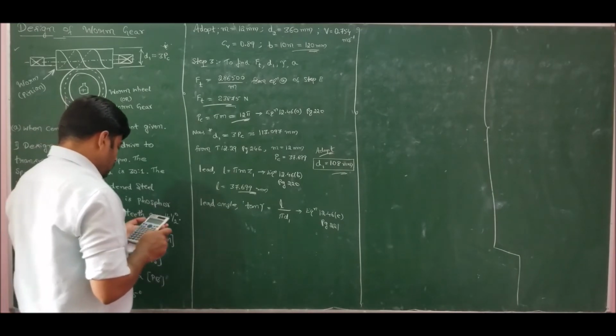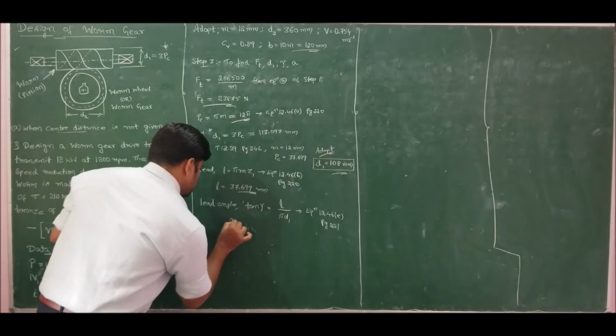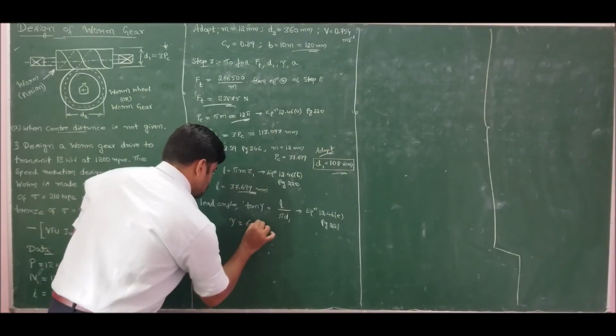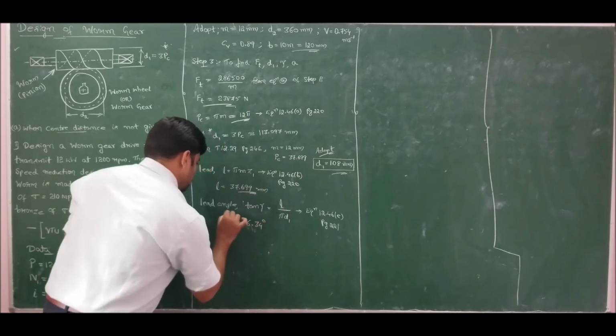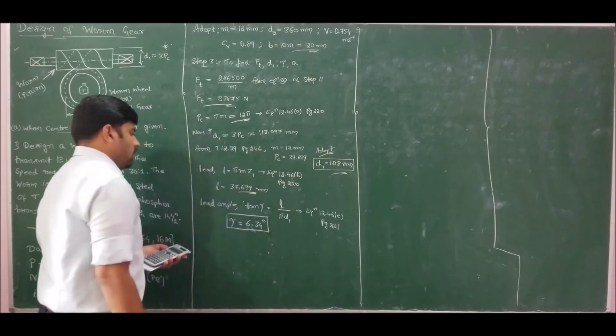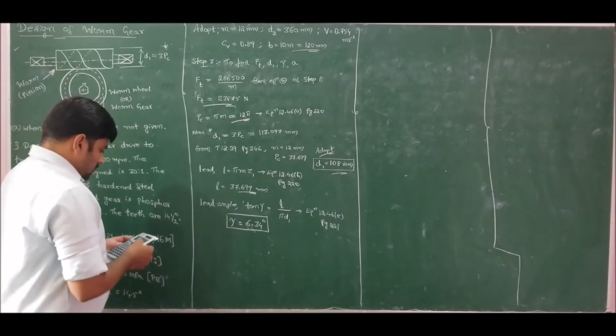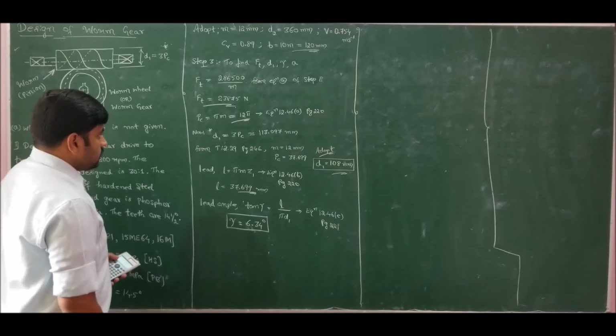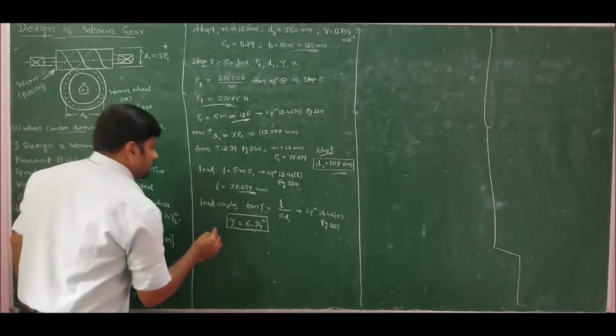I get the value of gamma as 6.34 degrees. We are done with the lead angle, and coming to the center distance.